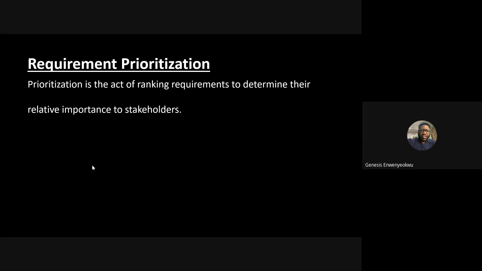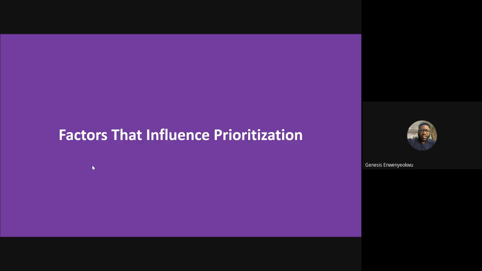That is because the solution we are working on is supposed to deliver value to stakeholders. And value is anything that is important or has a worth to stakeholders. So whatever thing we need to build and when we need to build it needs to come in order of that value to stakeholders. And that is how we prioritize requirements.